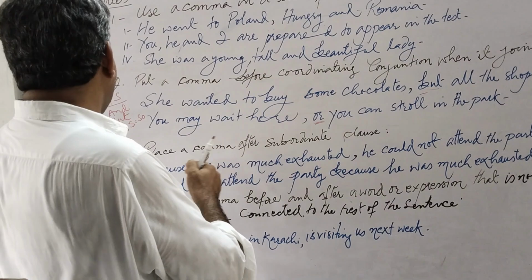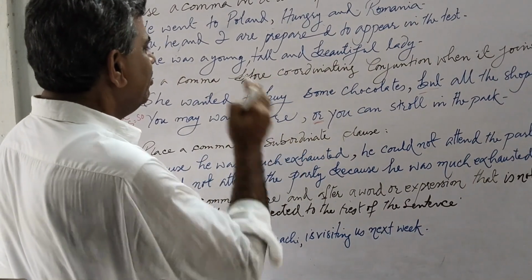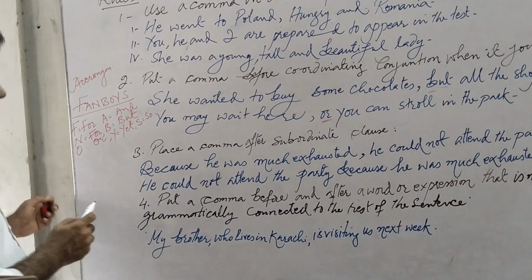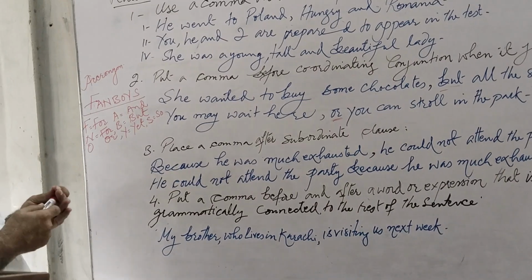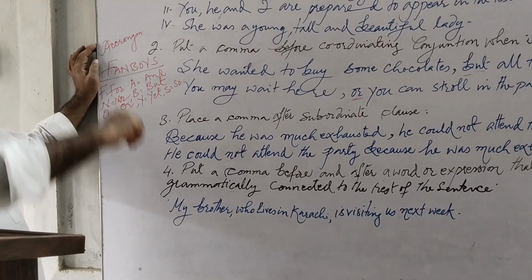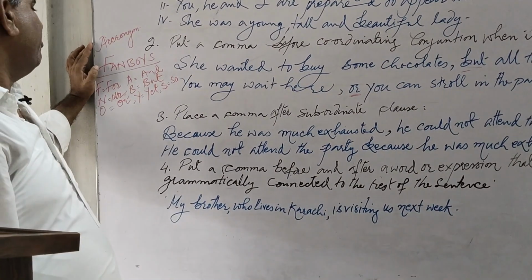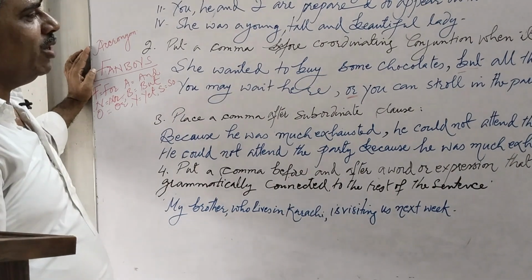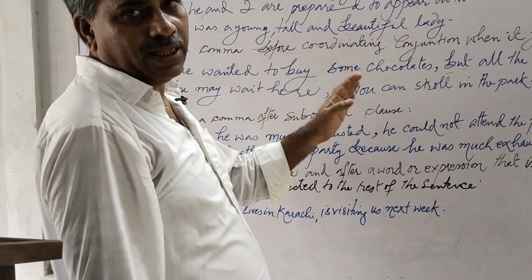There are some coordinating conjunctions which we have to learn, and they are usually learnt by an acronym. We have an acronym here, FANBOYS. In FANBOYS, all the coordinating conjunctions are described.